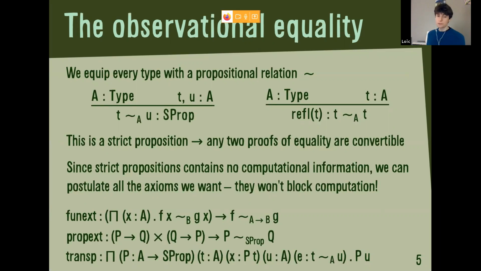And actually, we even proved all the meta-theoretical properties, including normalization and decidability of conversion, for a version with definitional equality.